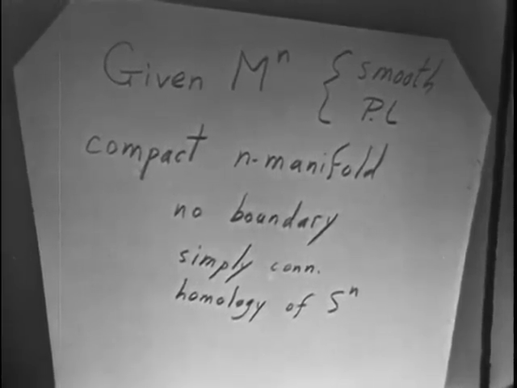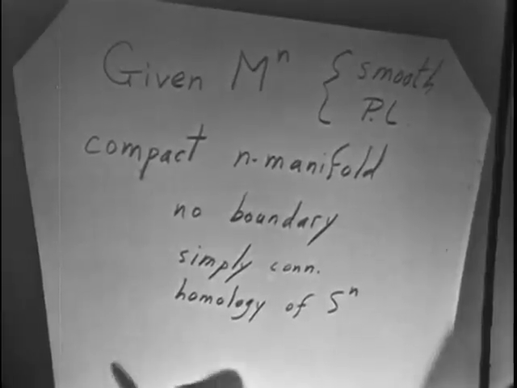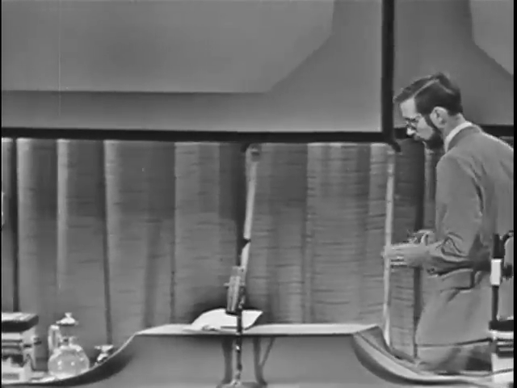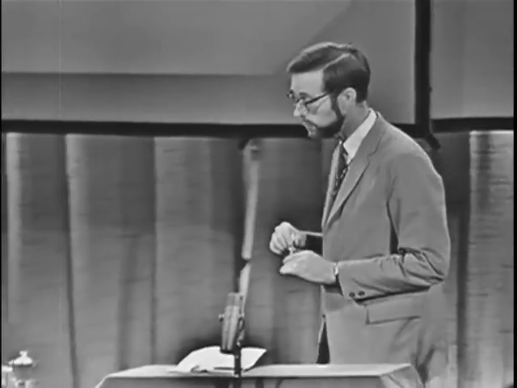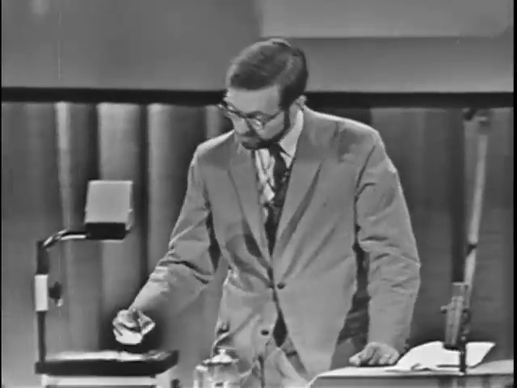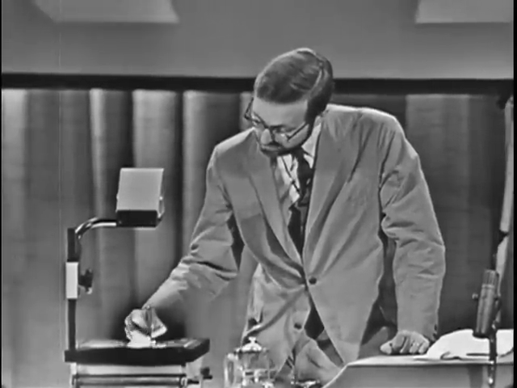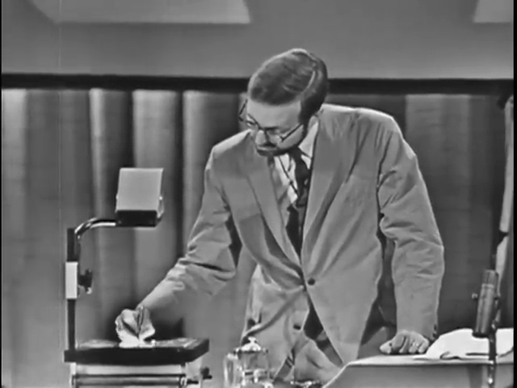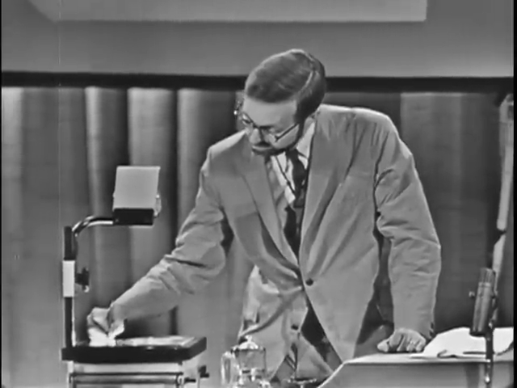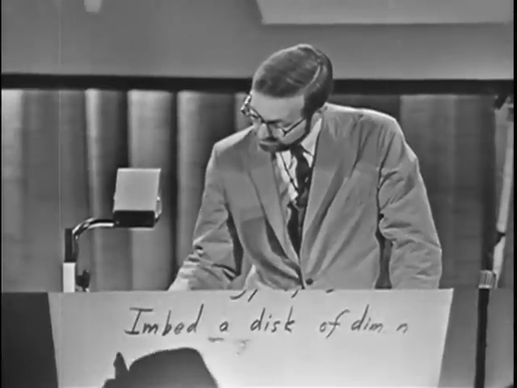And the start of an argument would go like this. We take our manifold, and locally it looks just like Euclidean space, since it is a manifold. And in any open set in Euclidean space, we can always embed a small disk. So we know that we can embed a disk of dimension n in M^n.